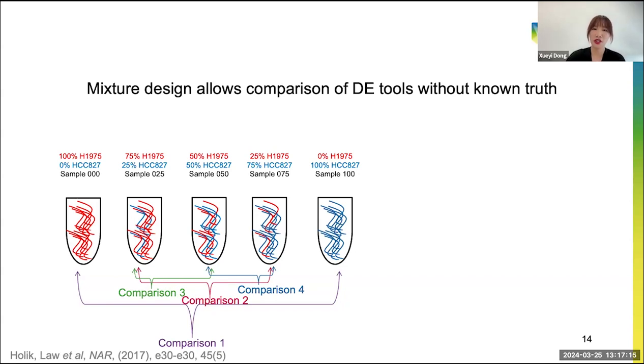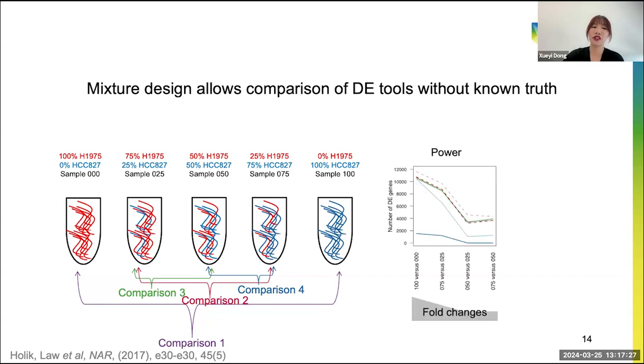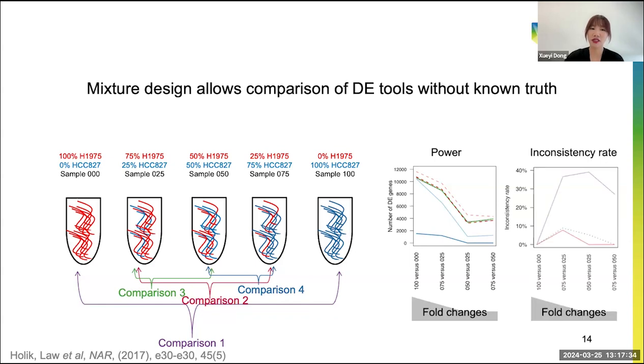So we can treat the DE genes found in comparison 1, where we compare the pure samples, as the ground truth, and compare them with the DE detected in the other comparisons. We can use this to estimate the power and the false discovery rate of the methods.